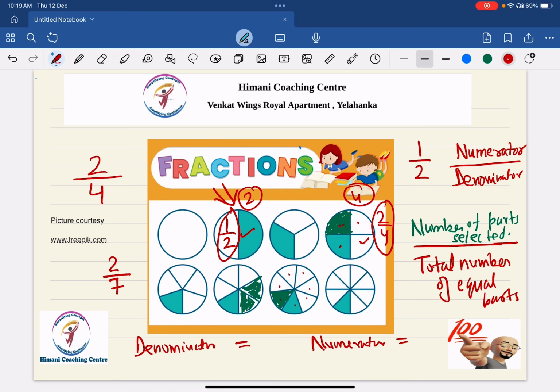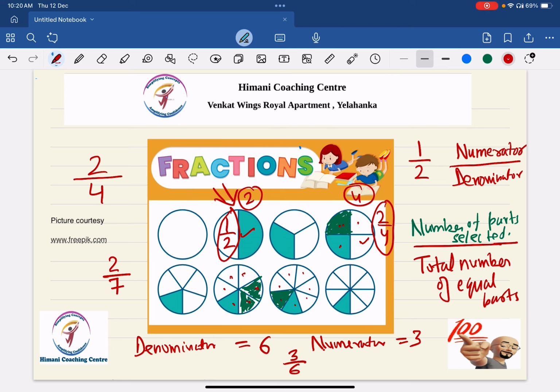So when it comes to denominator, what is that? Total number of equal parts. 1, 2, 3, 4, 5, 6. So denominator is 6. Numerator is the number of parts selected. So 1, 2, 3. So numerator is 3. So what would be the fraction? The fraction would be 3 by 6. Okay, kids.